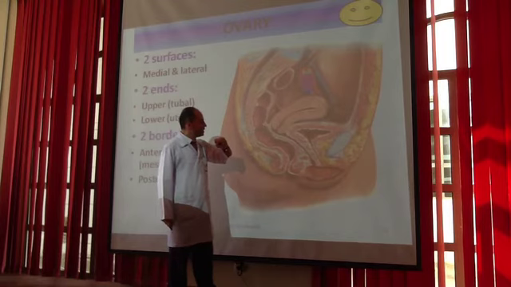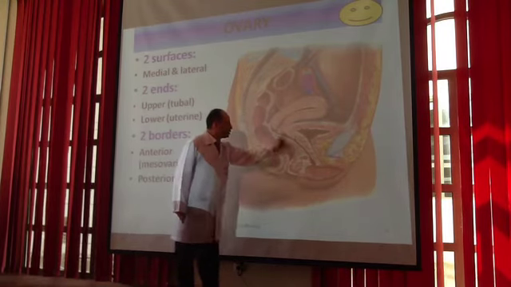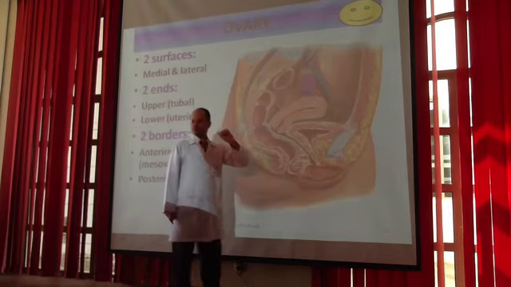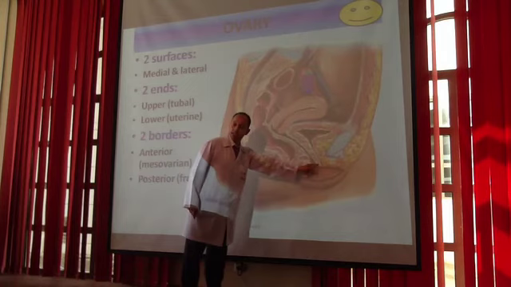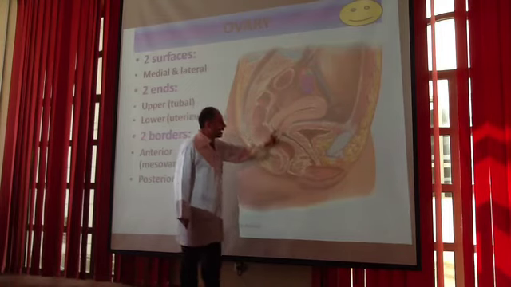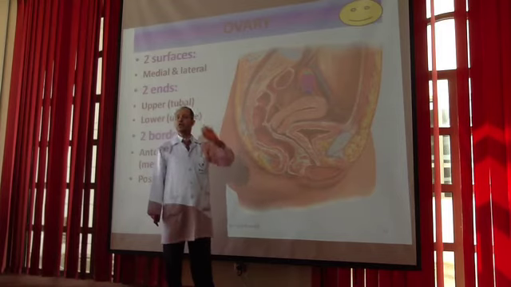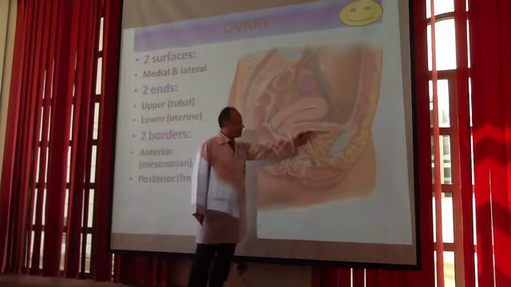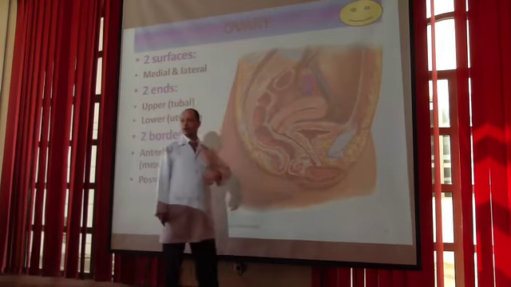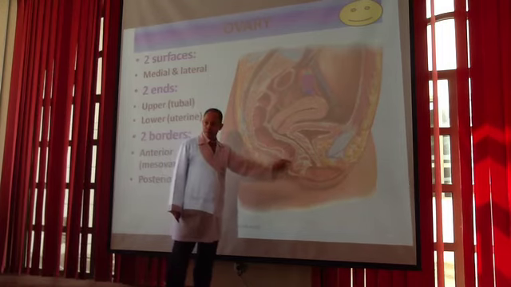As we see, its anterior wall is shorter than its posterior wall. Accurately, this one is about 9 centimeters, the posterior wall about 10 centimeters. Major relations for each wall: the anterior wall of the vagina is related to the urinary bladder and urethra. The posterior wall is related to the rectum and anal canal.